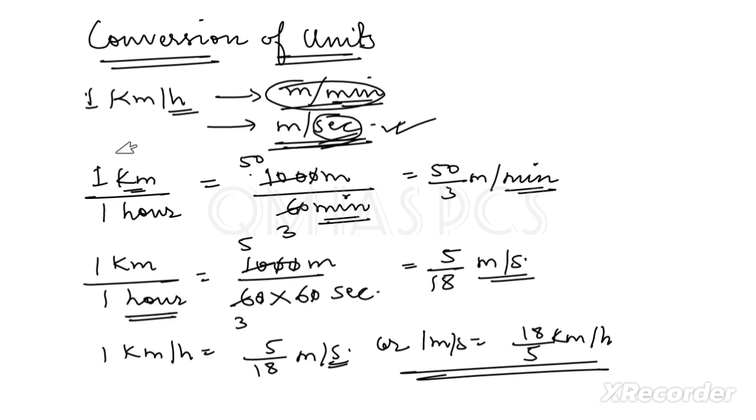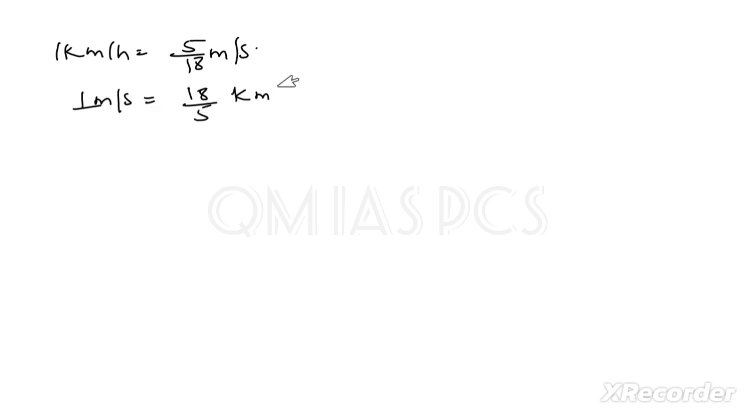But sometimes many aspirants like to try shortcuts. That's up to them. I'm not saying anything, but if you want to use a shortcut, I would suggest first look at the question. If that question allows you, then that's okay. Here is the shortcut: 1 kilometer per hour is equal to 5 by 18 meter per second, or 1 meter per second is equal to 18 by 5 kilometer per hour.